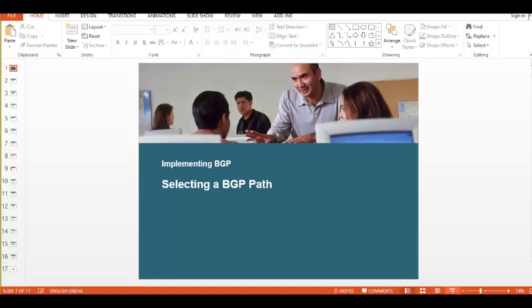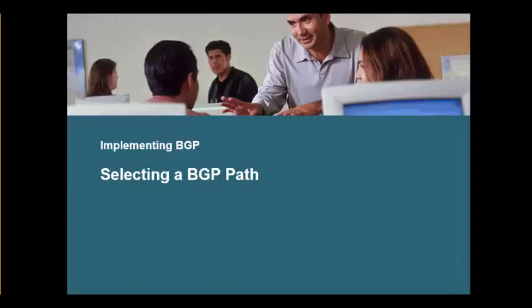Right. The reason why we choose BGP as a routing protocol is for the attributes.